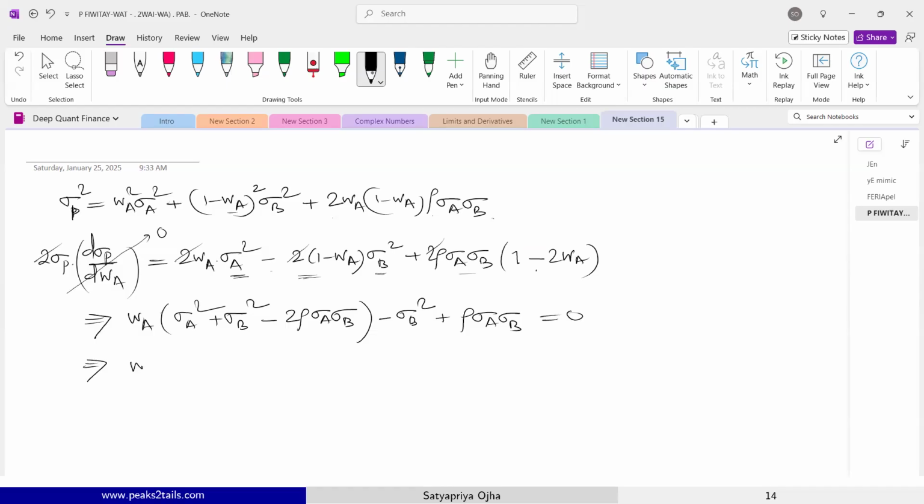So we get our allocation that leads to GMVP: take these two to the right hand side, take sigma B common, we have wA equals sigma B minus rho sigma A, divided by sigma A squared plus sigma B squared minus 2 rho sigma A sigma B. This magical allocation to asset A will lead to a portfolio which has the least variance.